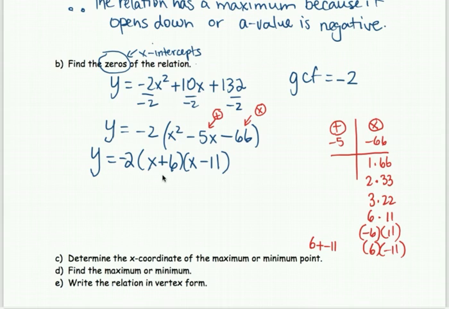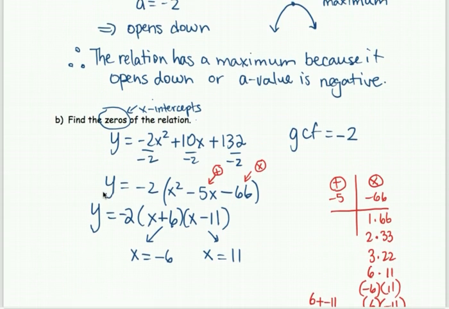So we look at the two factors that we just found. This -2 doesn't affect the intercepts. You just pop out the number, but with the opposite sign. So -11 becomes positive, +6 becomes -6. Hopefully those aren't too bad.